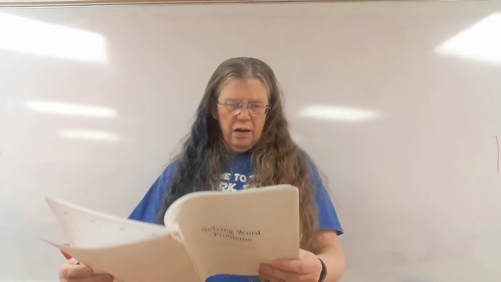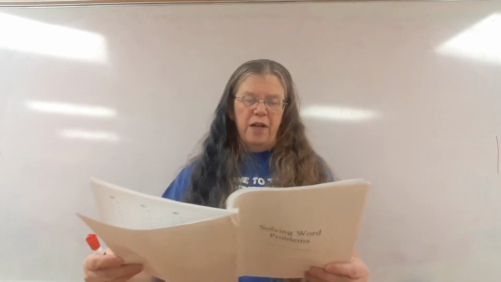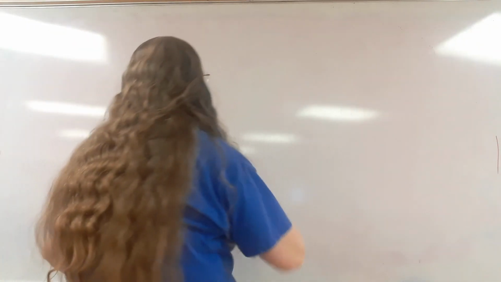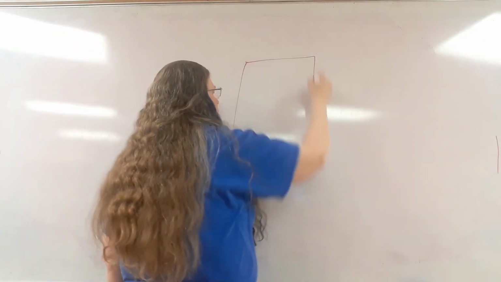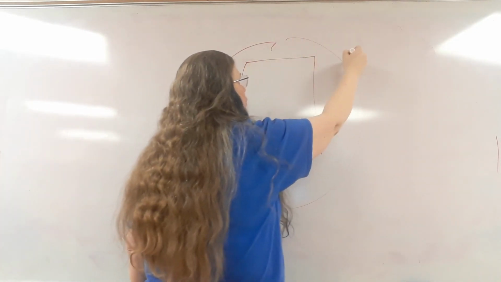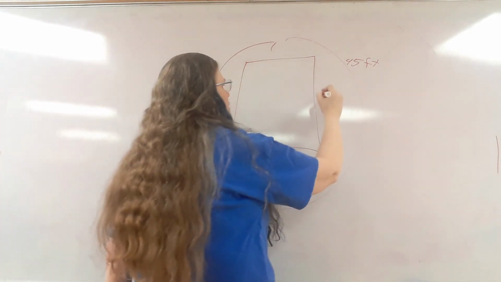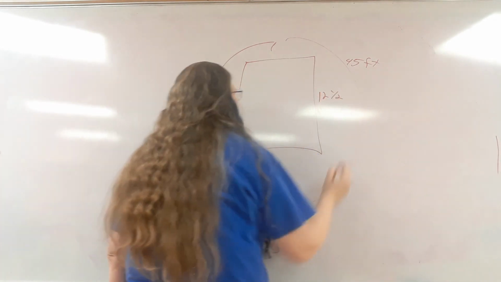G1 number 9. The perimeter of connoisseur's dining room is 45 feet. If the length is 12.5 feet, what is the width? Okay. So we have the dining room. All the way around is 45 feet. This is 12.5 feet.